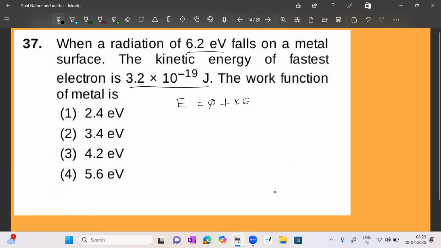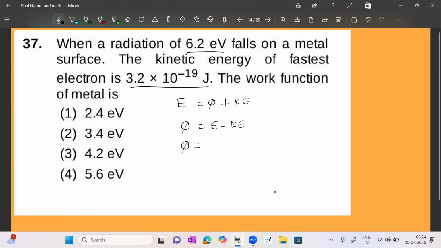So the work function is equal to E minus K. Work function is 6.2 electron volts, and here the kinetic energy they gave as 3.2 into 10 power minus 19.